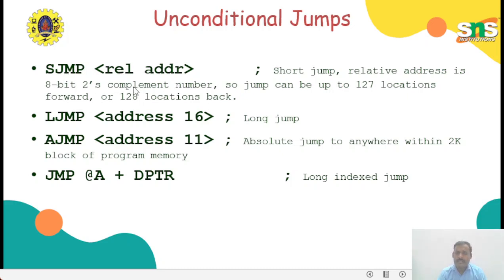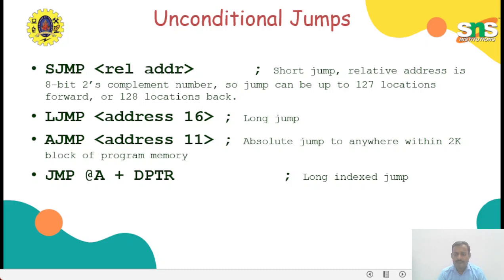It uses relative addressing. Relative addressing means from the current position, plus or minus an 8-bit address. So that means it can jump plus or minus 128. It can go forward 0 to 127 and backward up to minus 128.